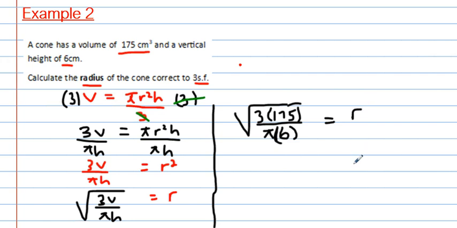If I put that into my calculator, r will be 5.2750, and I'm rounding to 3 significant figures, so 1, 2, 3.